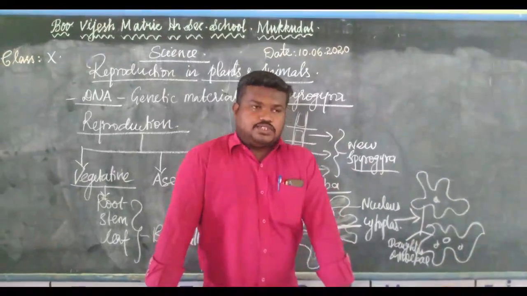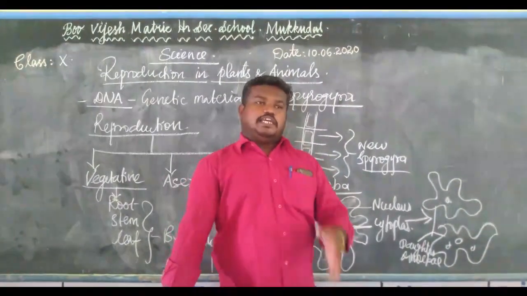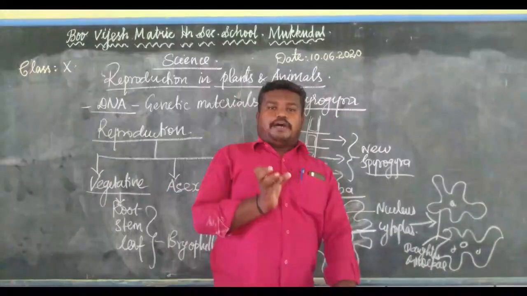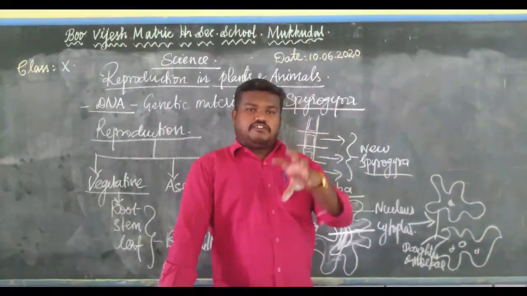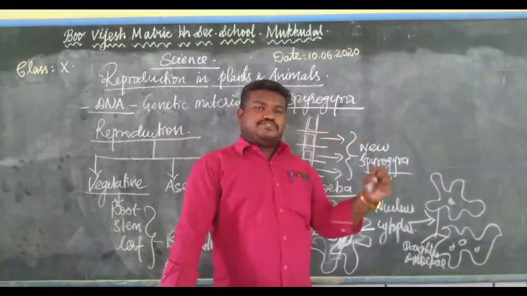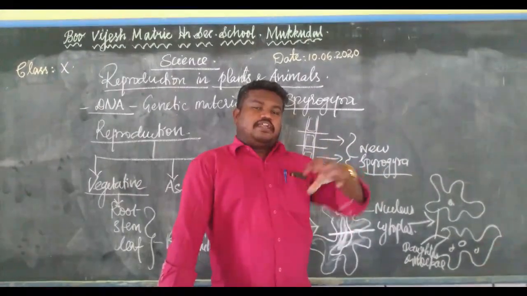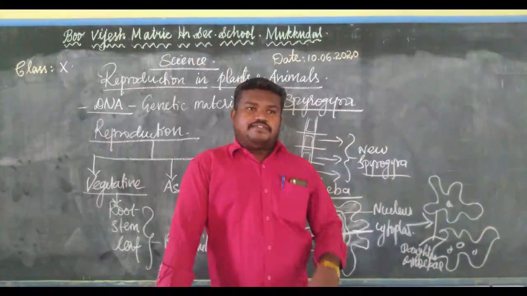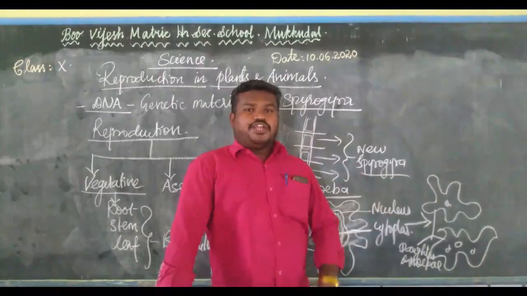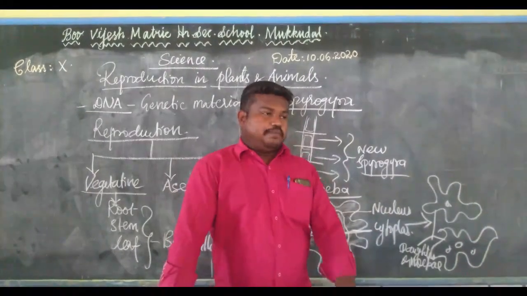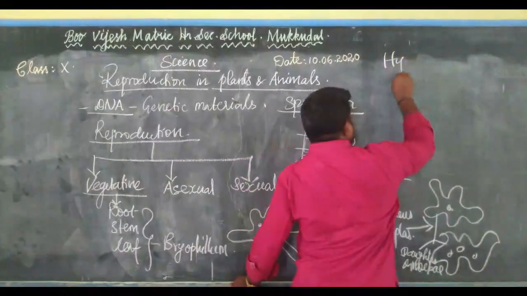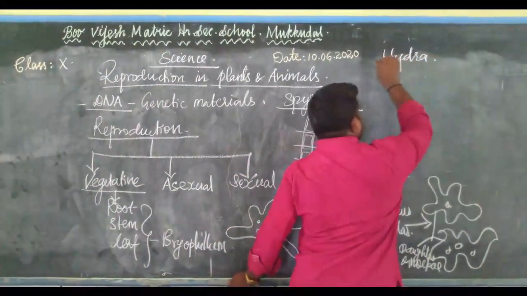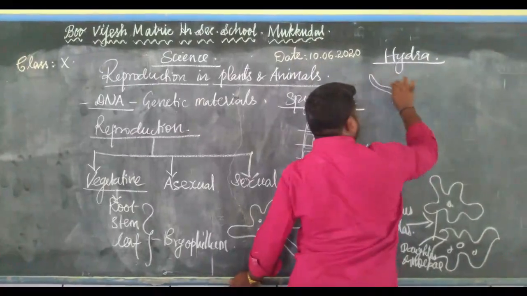Then budding. Budding means the mother plant produces buds. After the maturation of the buds, they are detached from the mother plant and become an independent life, producing new organisms. It can be seen in hydra. Now the shape of the hydra.